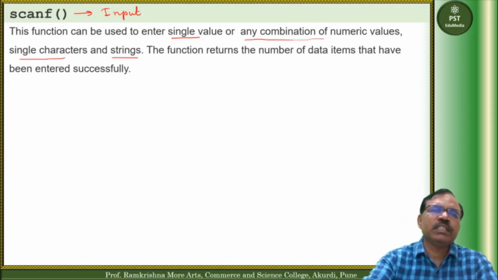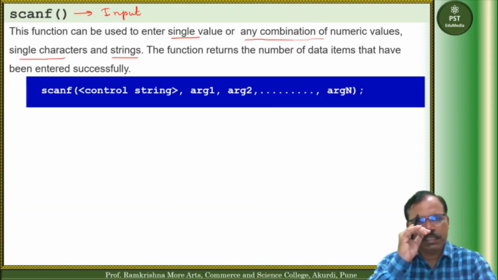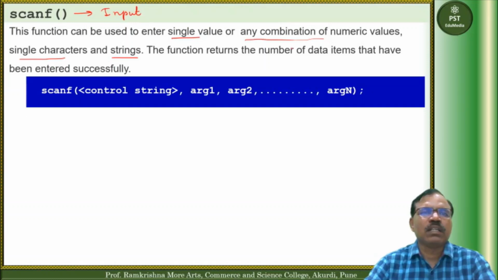Now if you see the simple syntax for the scanf function, here it is, the scanf function, which is present in the stdio.h file, and this is the control string, and then these are the arguments. So you can have a number of arguments.